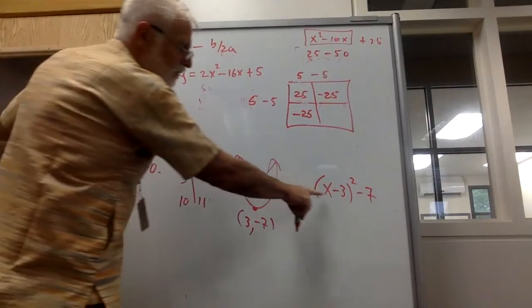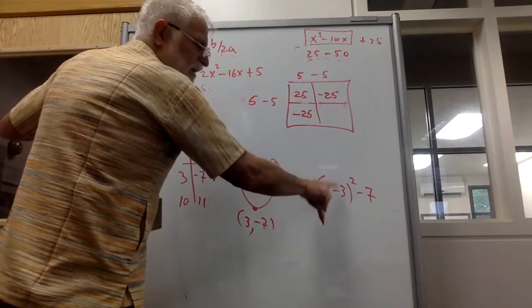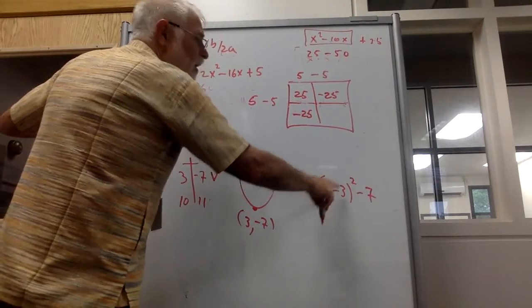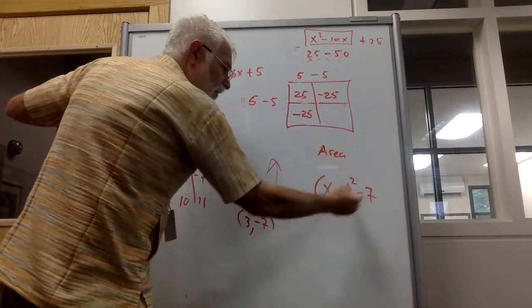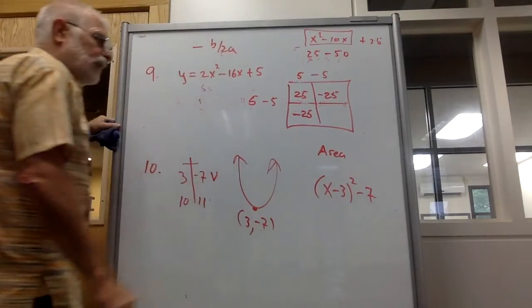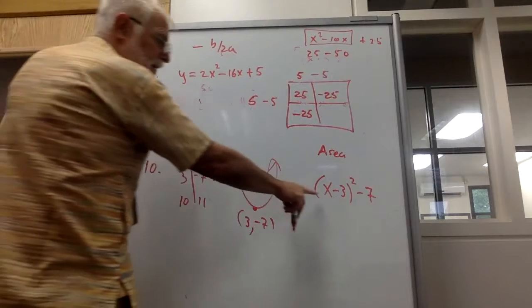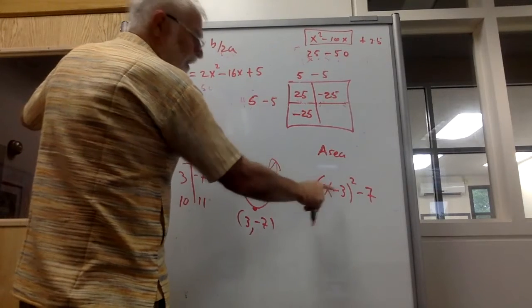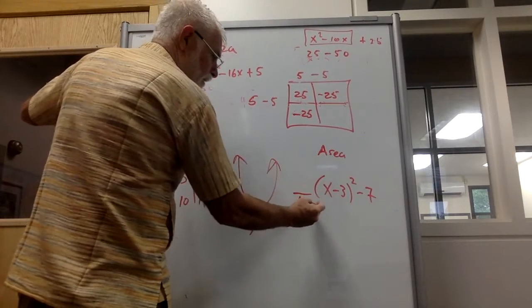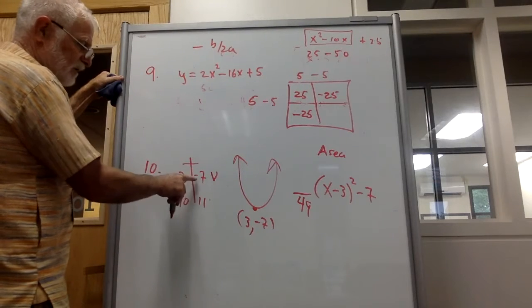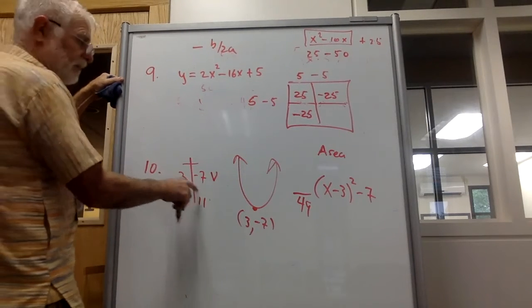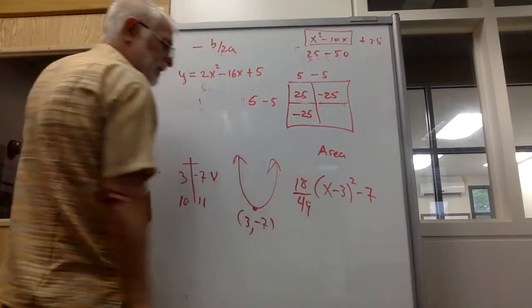Now notice what we have over here. We don't have just x minus 3. We don't have a line. We have an area change. This is an area. Okay? And so when you drop 10 in, you don't get 7, you get 49. And 49 units of change doesn't take me to 11. What takes me to 11? 11 and 7, 18 units of change.